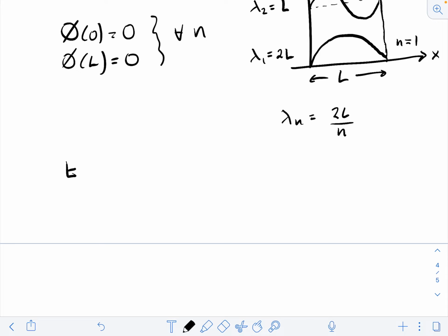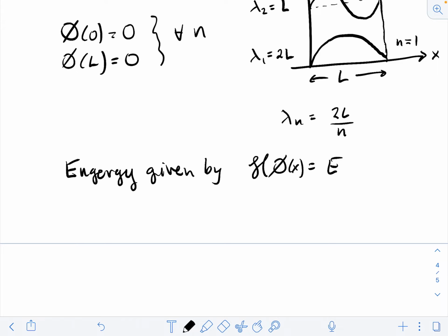Okay, so let me also remind you that the energy of a particle in a particular state is given by the Hamiltonian operating on the wave function, and we're going to get an eigenvalue, which is the kinetic energy of our particle, multiplied by the wave function back again.